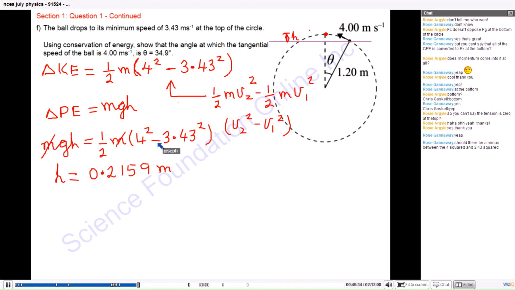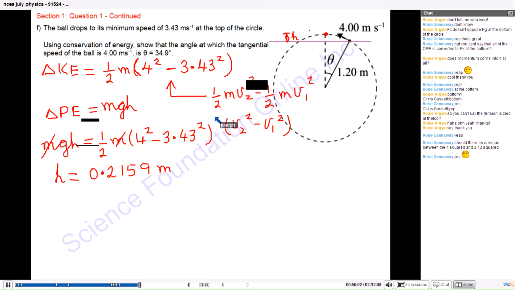Right, that was there. Maybe it didn't appear properly. Is that making sense, Rose? Because I've got 4 squared minus 3.43 squared. Okay, right. You thought there wasn't a minus, but there is a minus. Okay. So, mgh is half m v at 4 squared minus v of 3.43 squared. That's the difference in kinetic energy, is the difference in potential energies.